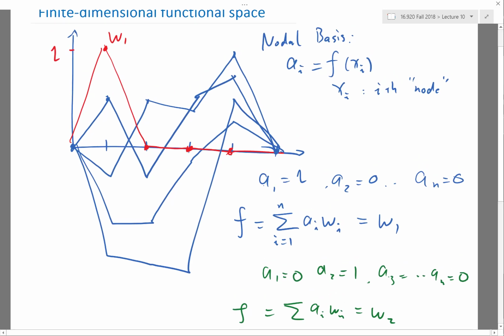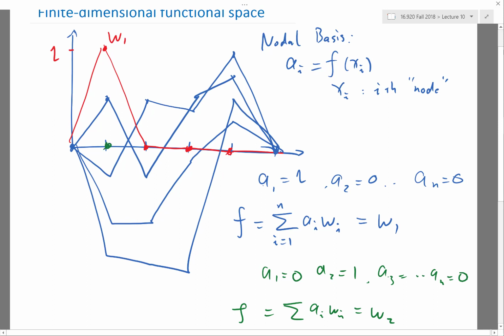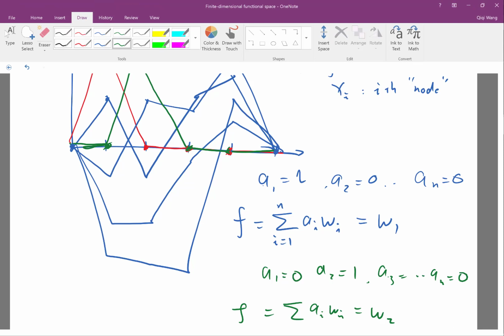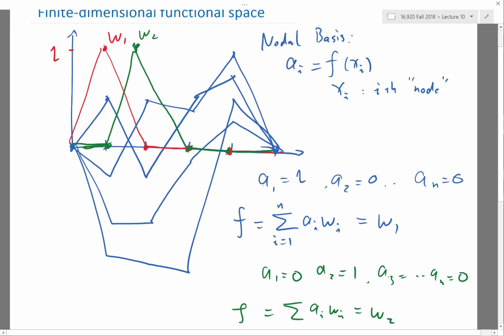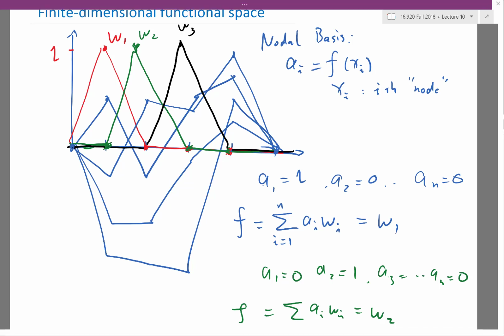So basically I set A1 to be 0, A2 to be 1, and A3, A4, etc. to be 0. So my function is this. That's my W2. And W3 would be setting this to 0 and this to 1. So this is my W3.